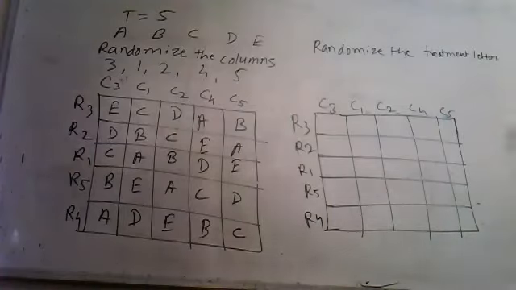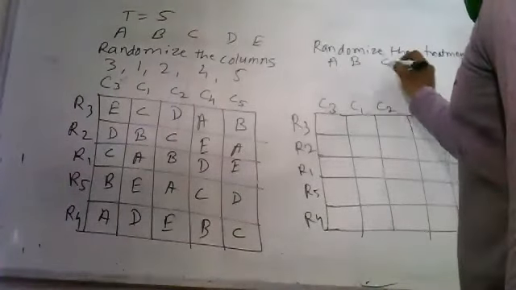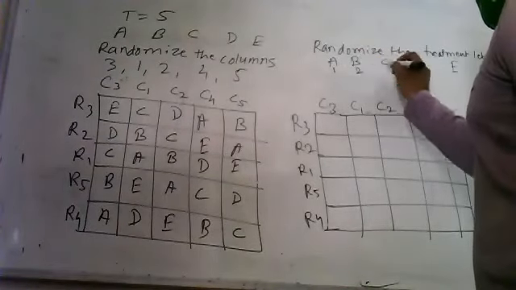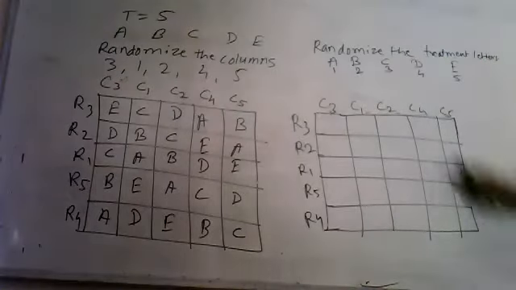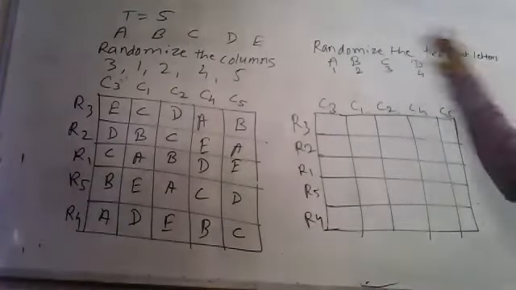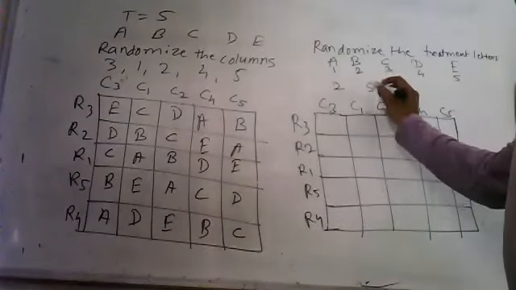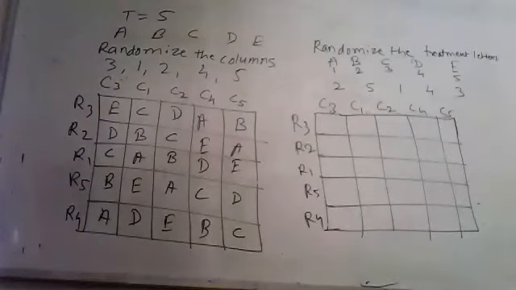Treatment letters A, B, C, D, and E. Suppose this is the first treatment, second, third, fourth, and fifth treatment. Now we have to randomize the treatments. Suppose the randomization is like that: 2, 5, 1, 4, and 3.